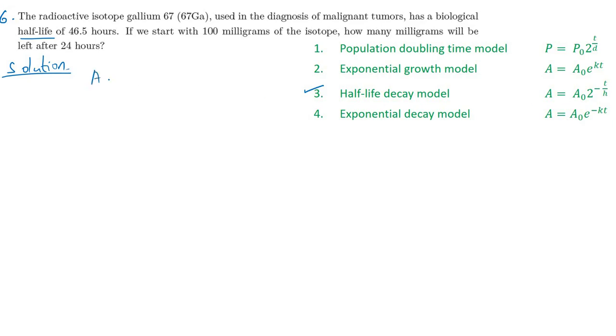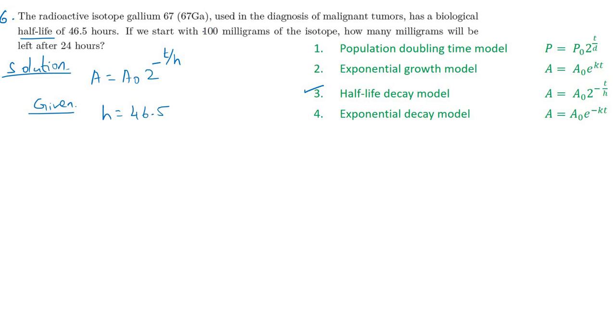So A is equal to A naught times 2 power minus T by H. Now what are all the things given? Before I write, please pause and write the answer, now you know the idea. Anyway, I will write here: the biological half-time is given, H is equal to 46.5.